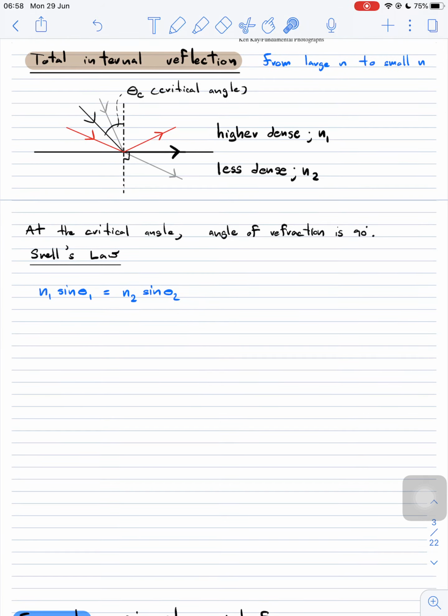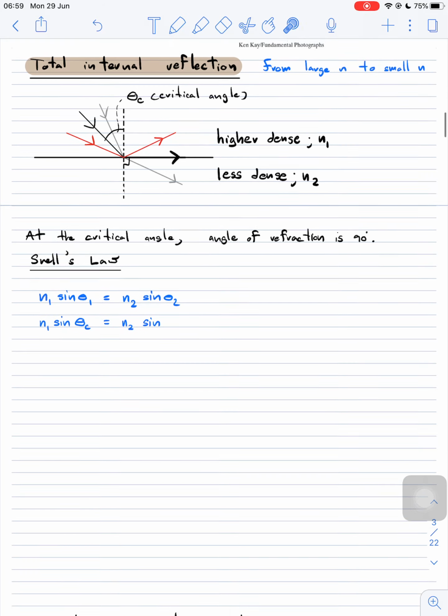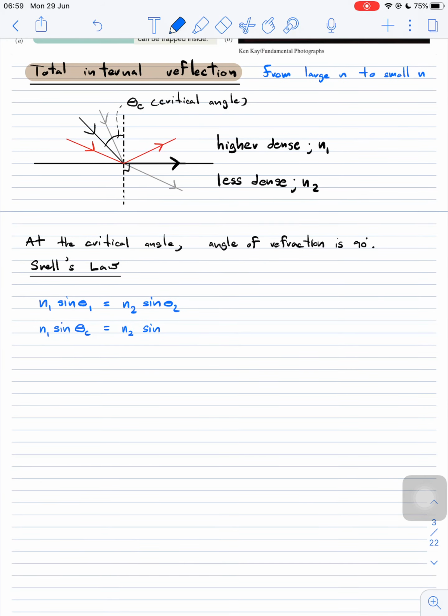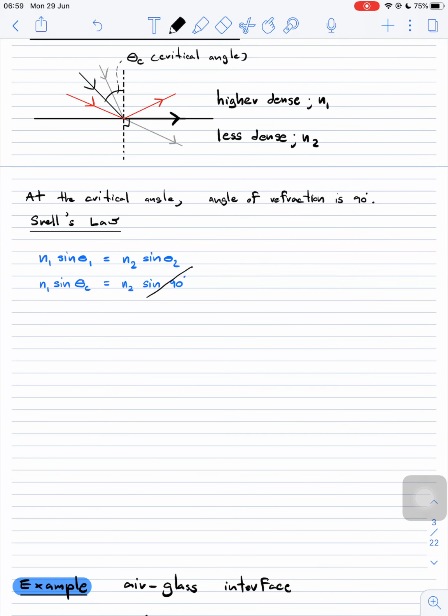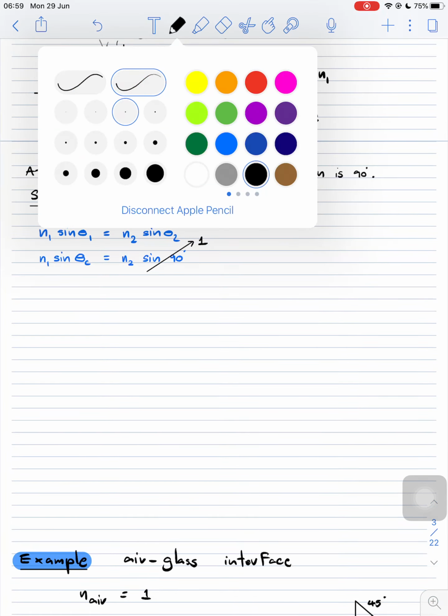In this case, theta 1 equals theta c, the critical angle, so we have n1 times sine theta c equals n2 times sine theta 2, and theta 2, the refracted angle, equals 90 degrees. We know that sine 90 degrees equals 1.